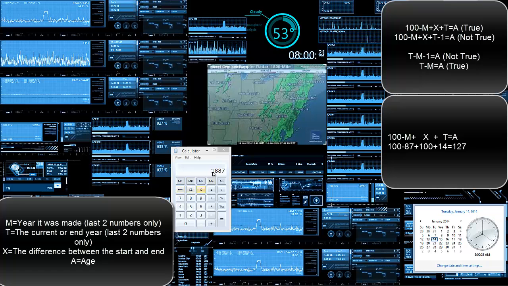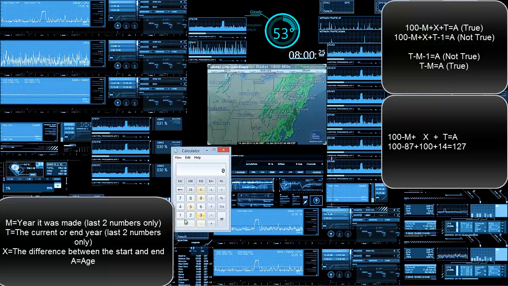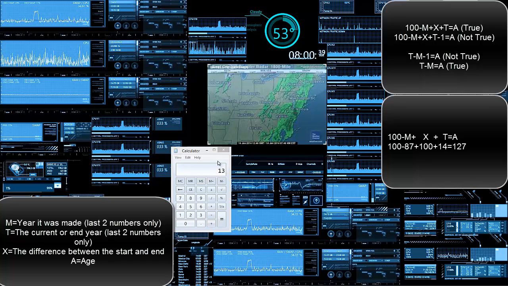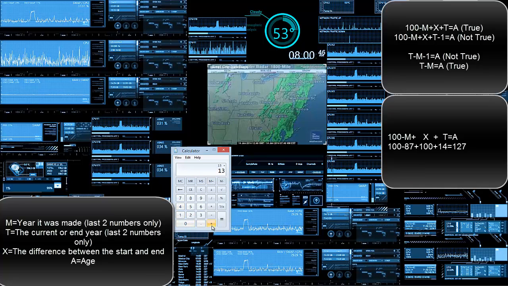They're different. So what we do is automatically 100 minus 87. Then given that 100 years has passed after that century turnaround, we plus 100 plus 14.